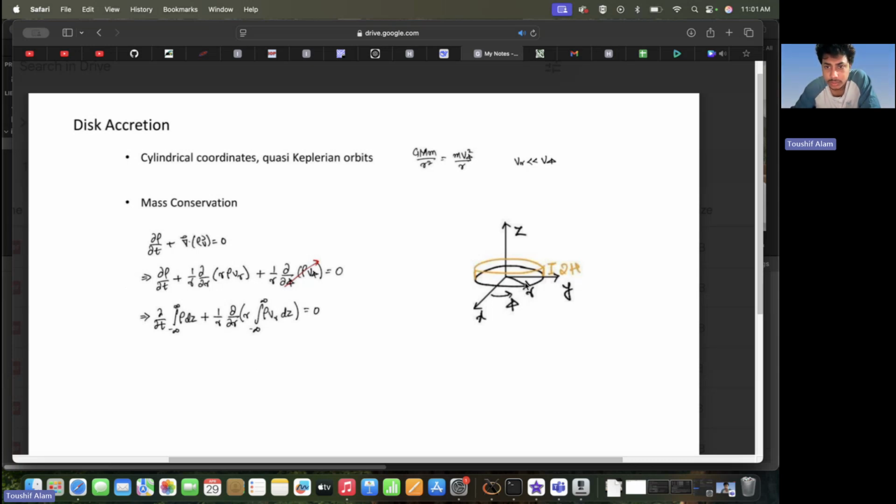So you can see the accretion of infalling mass over this cylindrical coordinates, right?